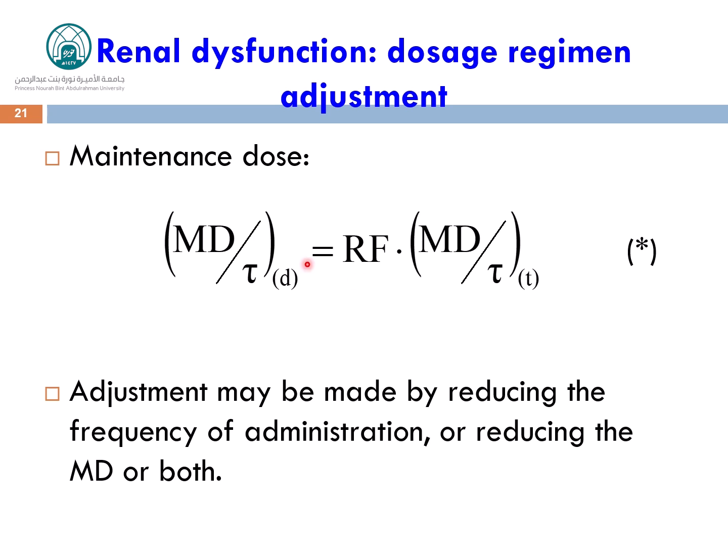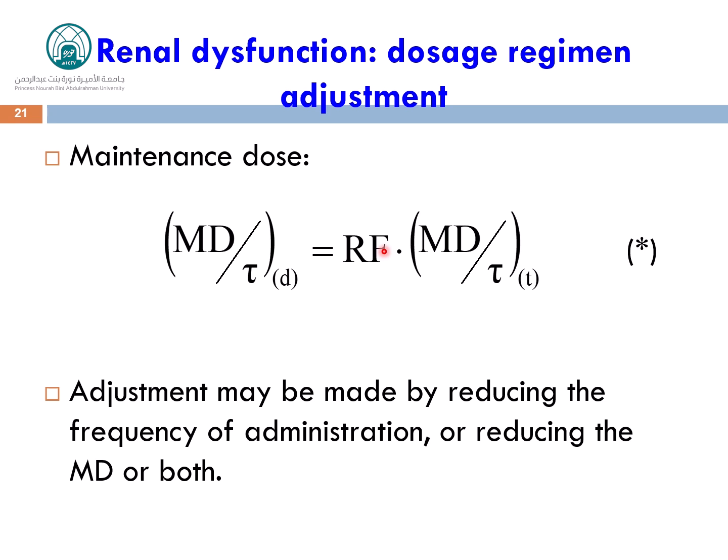The maintenance dose divided by tau, which is the interval between different doses, for the patient with kidney dysfunction equals the renal function, which was the creatinine clearance, for the dysfunctional patient with renal dysfunction, divided by the creatinine clearance for the typical subject.